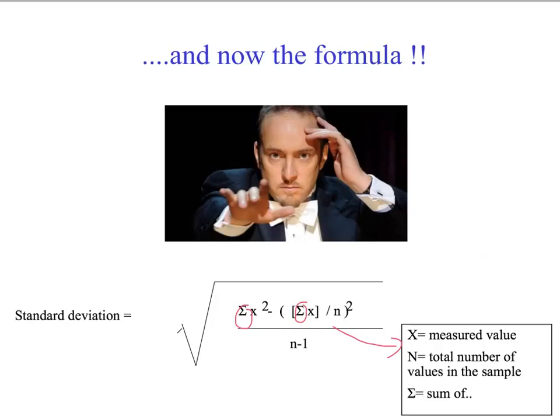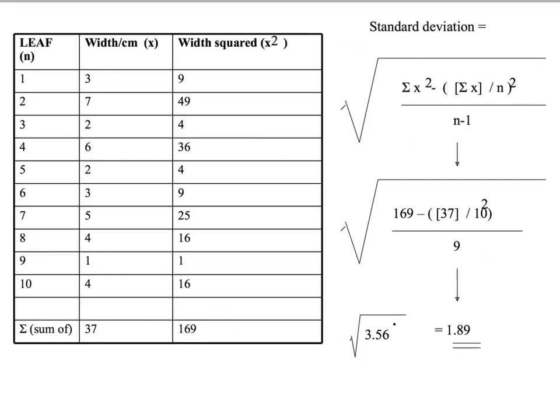Now at first hand, that formula can look a little bit daunting, but let's actually work through an example and you can see it's actually quite easy. So here, let's say I've gone out and I found 10 leaves and I've measured with a ruler their width in centimetres.